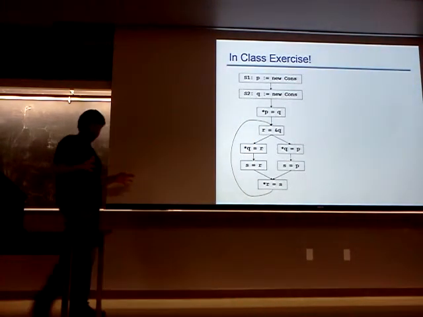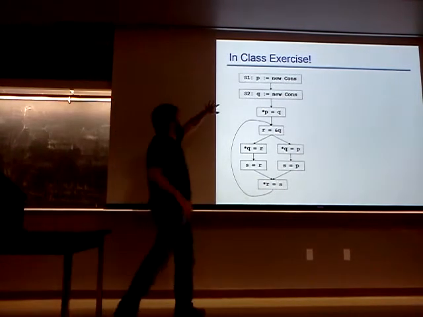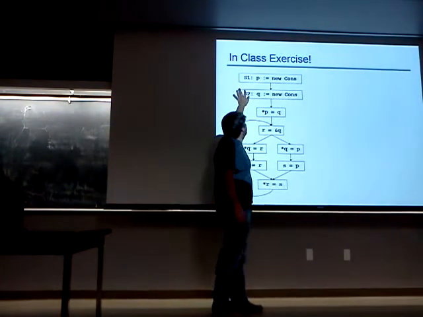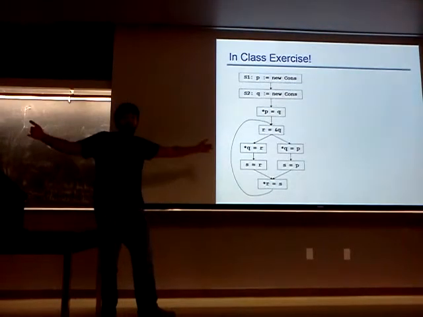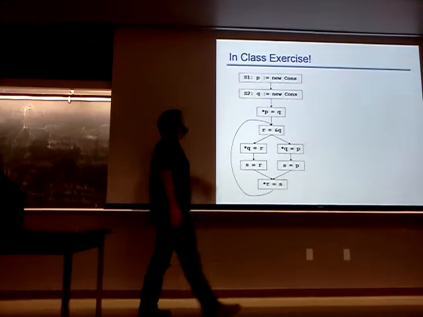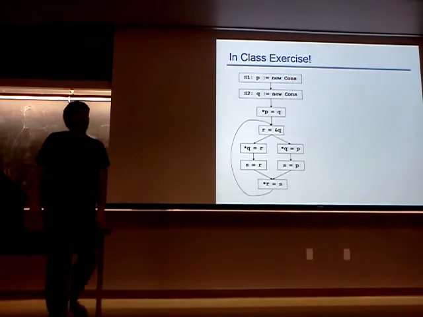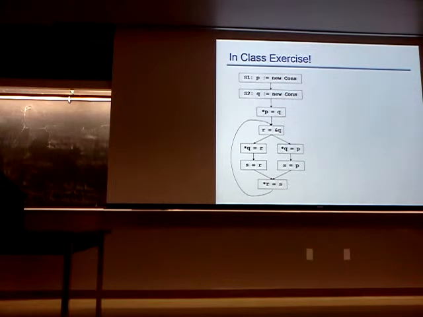That's the way Andersen works. And we still have, by the way, the summary nodes. These summary nodes, if you remember correctly, are nodes that represent an unbounded number of things at runtime. So why don't you guys try to see what this looks like, and then we can do it together on the board. Just give it a quick try, just to get a feel for what these things look like.